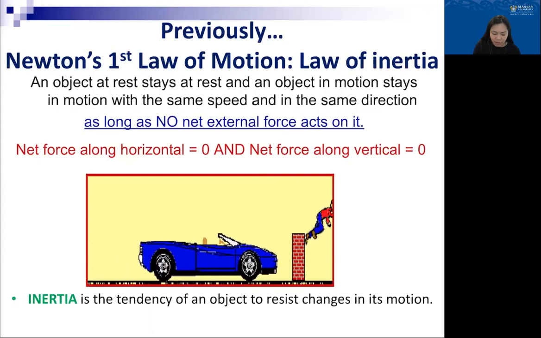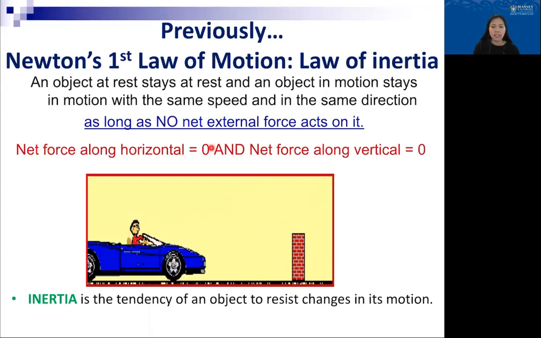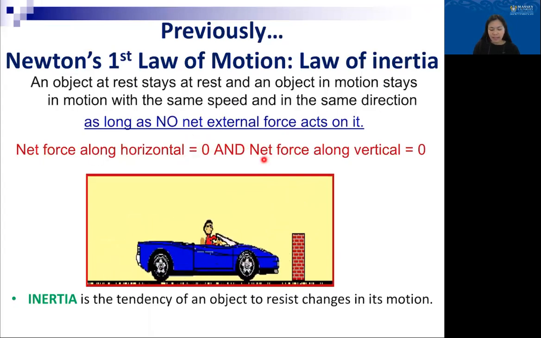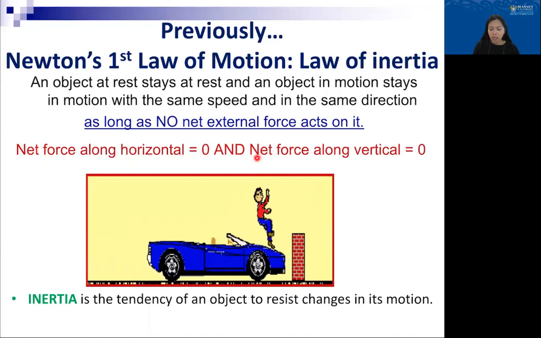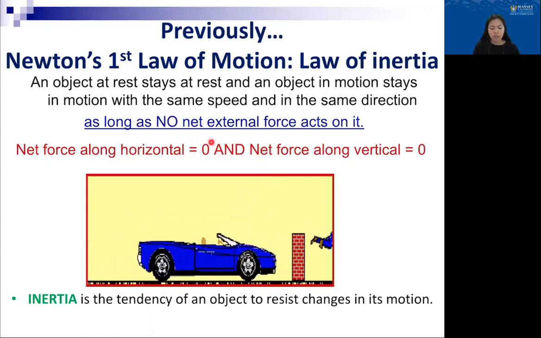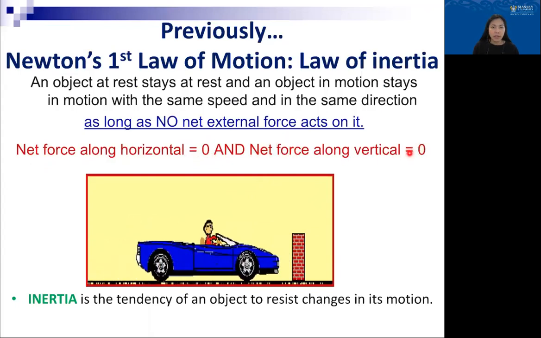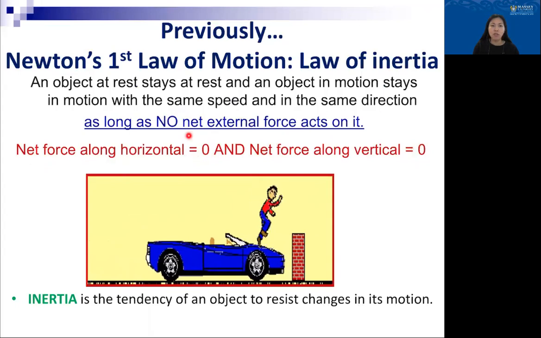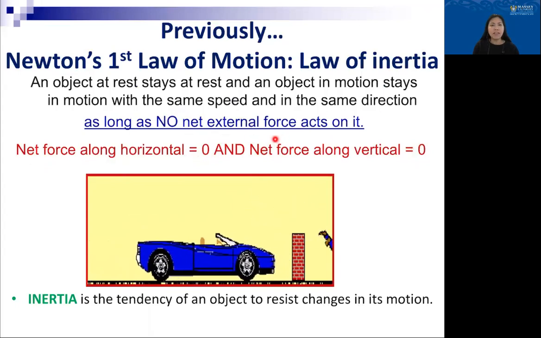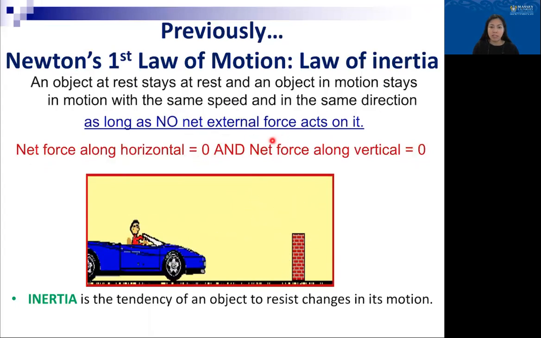Last time we talked about Newton's first law of motion, which says that if the total force along the horizontal is 0 and the total force along the vertical is 0, meaning the total net force overall is 0, then the object will just keep doing what it's doing.